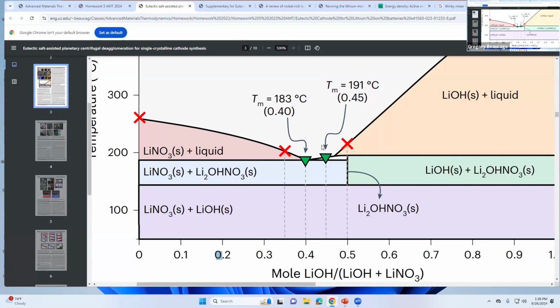So that process would look like, if you drew that cartoon of that thing, you'd have particles of lithium hydroxide, and then you get a matrix of, then these things are lithium nitrate.